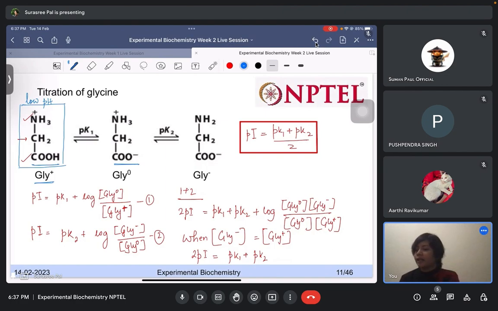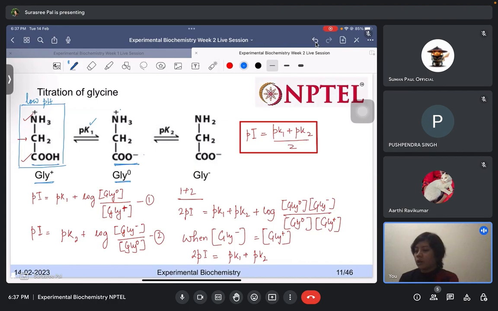If we denote the dissociation constant of this carboxyl group as pK1, then we can write the Henderson-Hasselbalch equation. First of all, this molecule is now a zwitterion, so there is no net charge, and I have denoted it glycine 0. The positive and negative charges cancel each other.